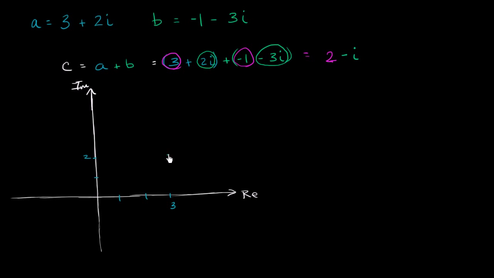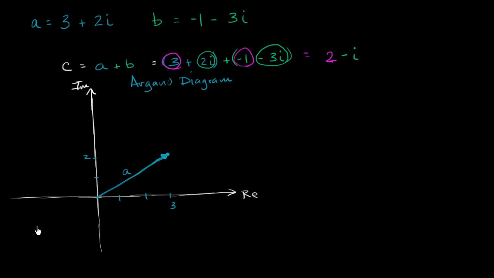So 3 plus 2i gets us right over there. And I'm going to represent that as a vector where its tail is at the origin and its head is at the coordinates 3 on the real axis, 2 on the imaginary axis. So that right there on my Argand diagram is my representation of vector A.